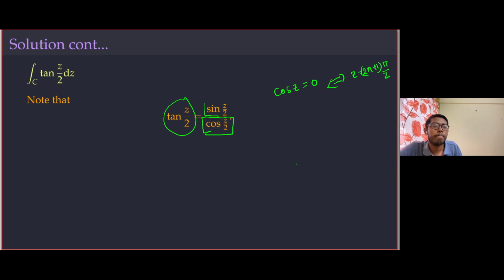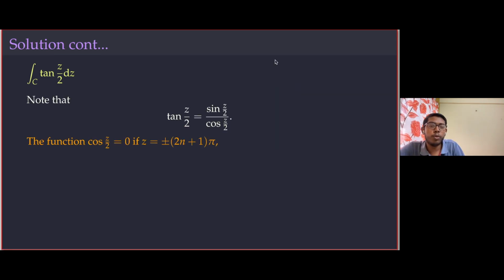Therefore cosine(z/2) equals 0 if and only if z is (2n plus 1) pi, where n is 0, 1, 2 and so on. That's why I have taken plus minus. And what was the circle?